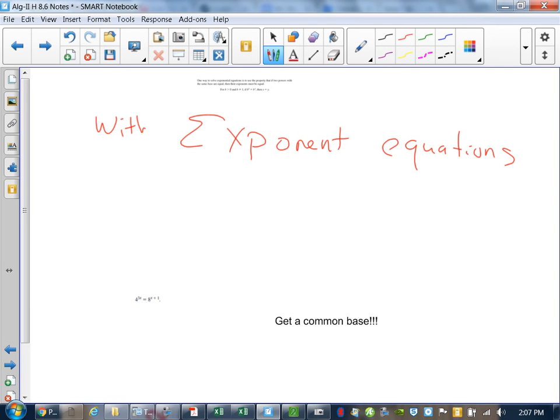When you're dealing with exponential equations, one of the things that you try to accomplish is you want to get some base to an exponent to equal some base to another exponent. You're trying to get that property to happen. Because if that happens, as we know from earlier this week, when you're dealing with logarithms, you've got a couple of different properties. There's 4 main properties that we deal with.